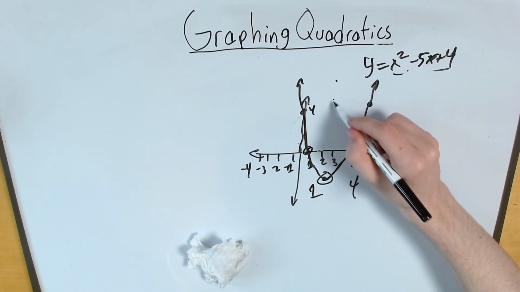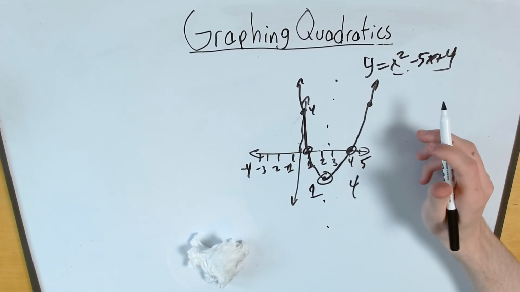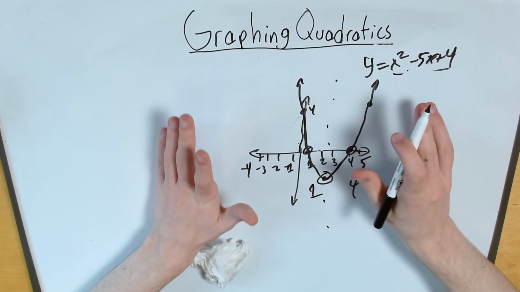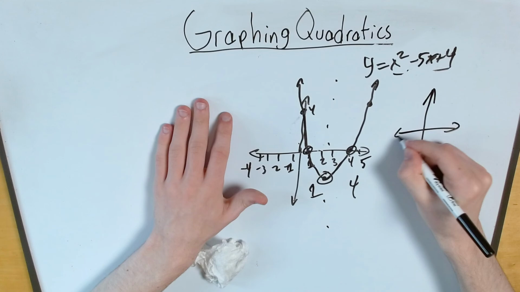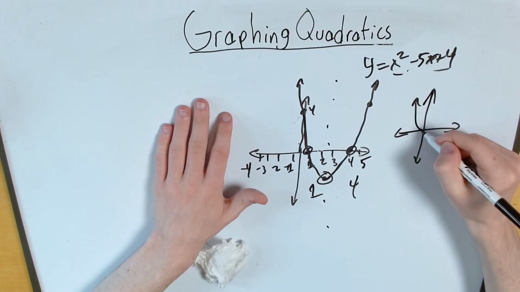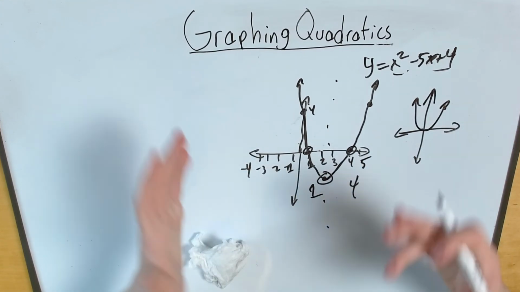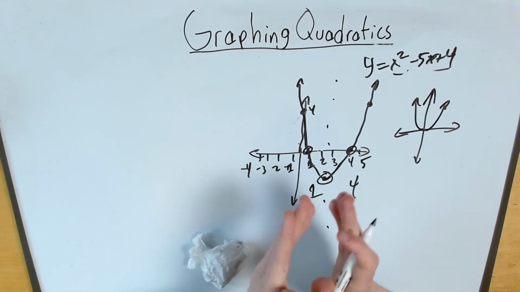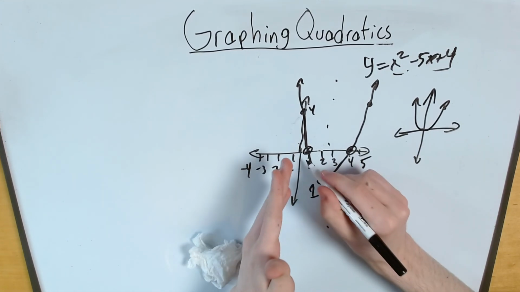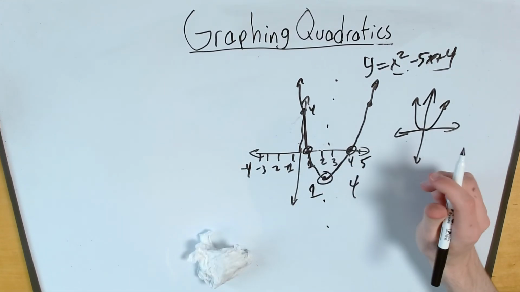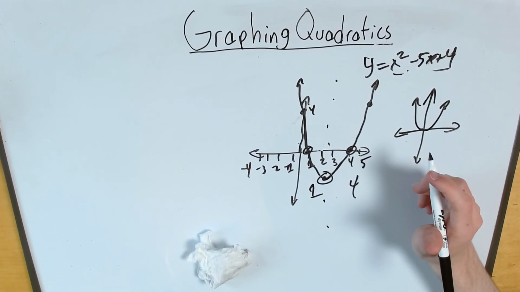So at some point, we have to go from negative to positive. And since the graphs of quadratics are pretty symmetrical, just like in the graph of x squared, what we had on one side, we had the exact same thing on the other side. Quadratics are symmetrical like that. That means that change from negative to positive is going to have to occur halfway between the two zeros, the two solutions. So the vertex is always going to be halfway between there.